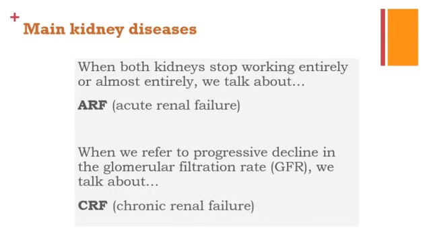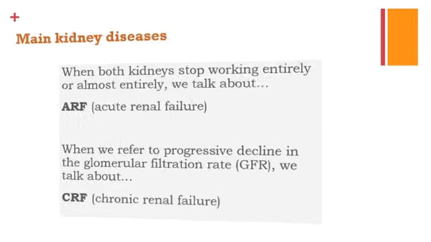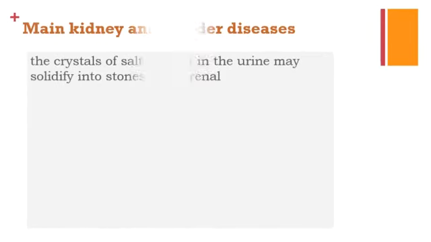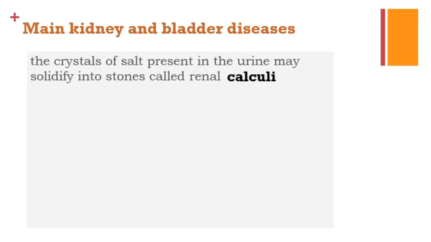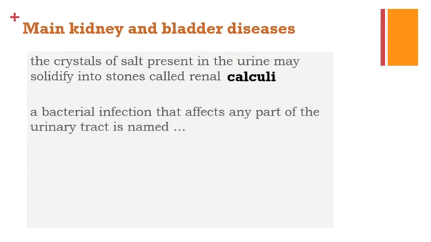Let's review a couple of other bladder and kidney conditions. Occasionally, the crystals of salt present in the urine may solidify into stones called renal calculi. A bacterial infection that affects any part of the urinary tract is named urinary tract infection.